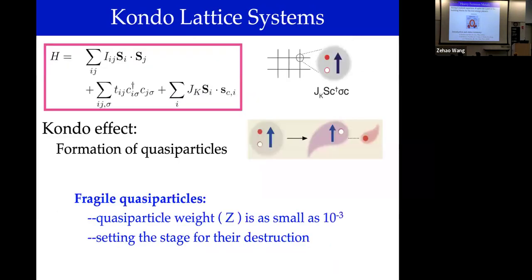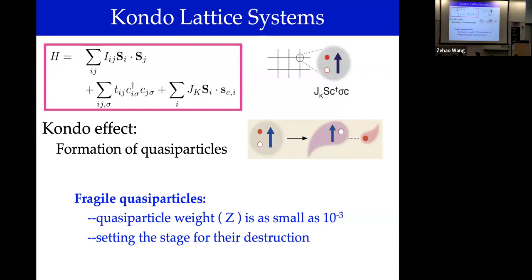And so that leads to the consideration of a particular type of systems, which is in this overall category of bad metals. And these are Kondo lattice models describing heavy fermions.